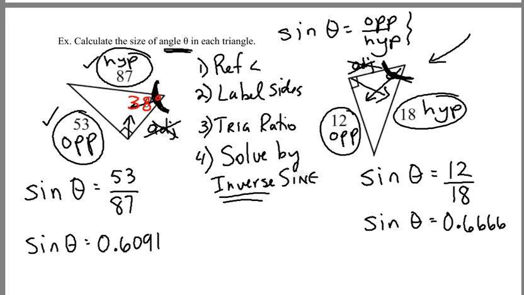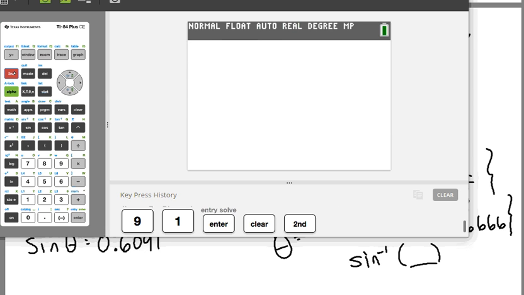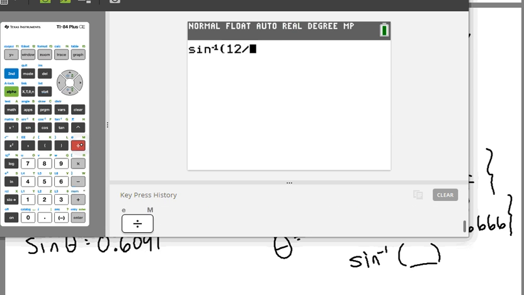Either of these now, what do we do to finish? We have to inverse sine one of those to get how big theta is. 12 over 18 or 0.6666.